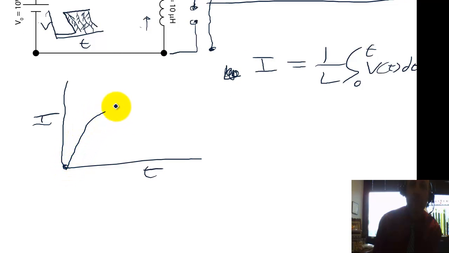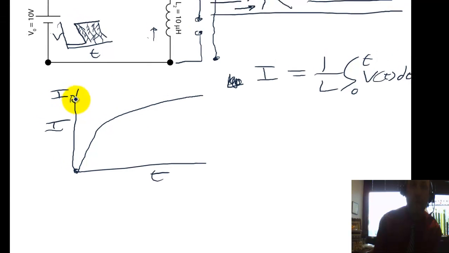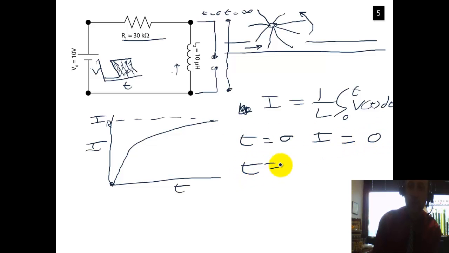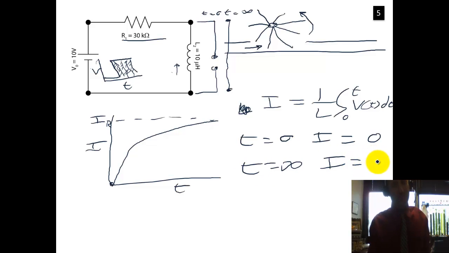But eventually the current goes up to that I_R, which is the resistance we calculated in the first problem. So crossing the inductor, at time equals 0, current equals 0, and at time equals infinity, steady state current equals that I_R, which would be infinite if it wasn't for the fact that we've got resistance.